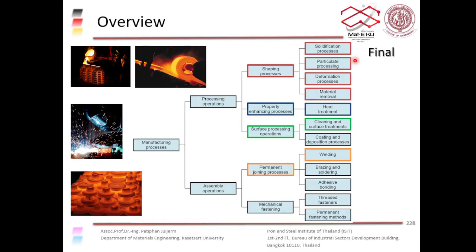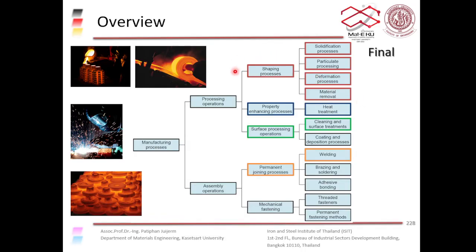Also, 3D printing of metals. Deformation process is a process that you deform a piece of metal into the shape that you want, like forging or rolling, etc. Material removal, for example, the machining process when you use a CNC machine or lathe or any other machine tools to remove excess material to produce the shape that you want.